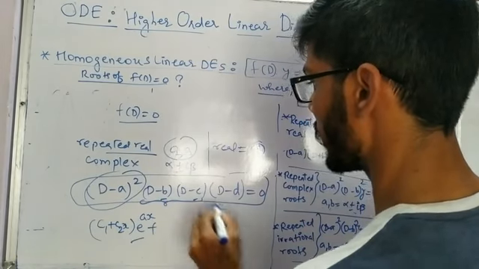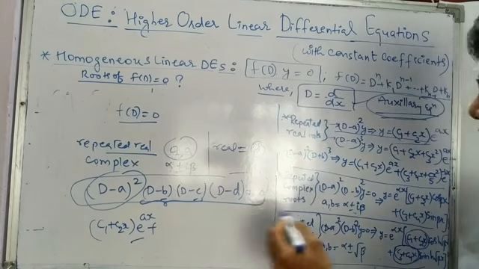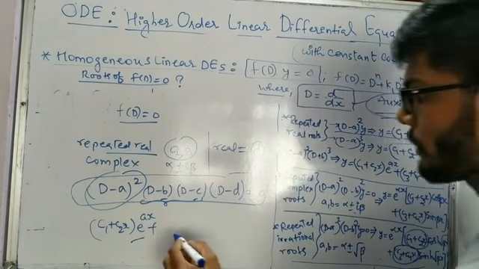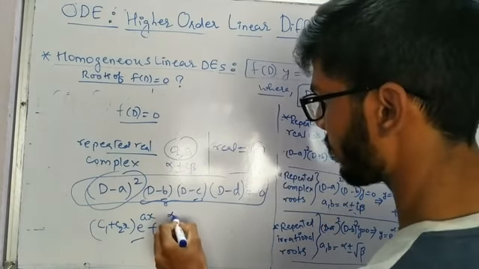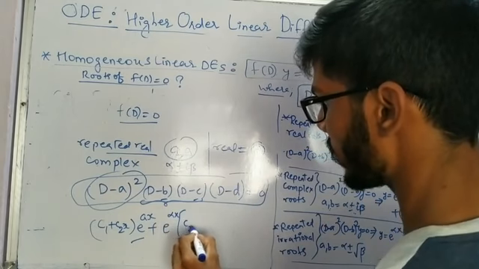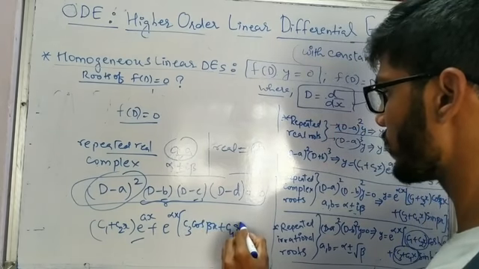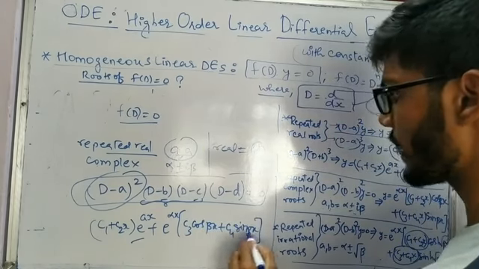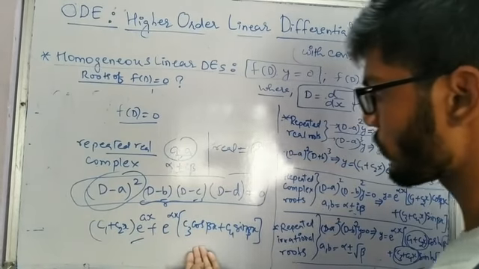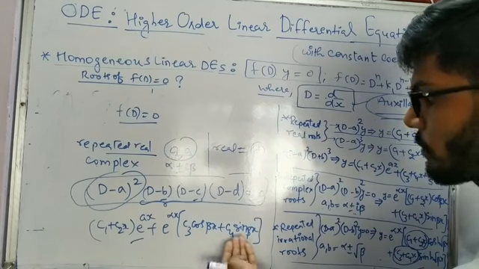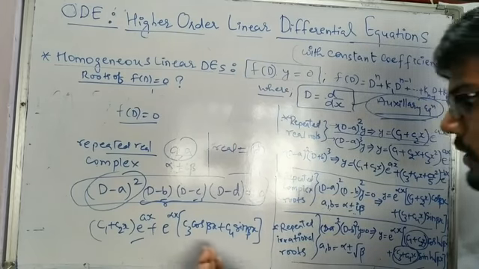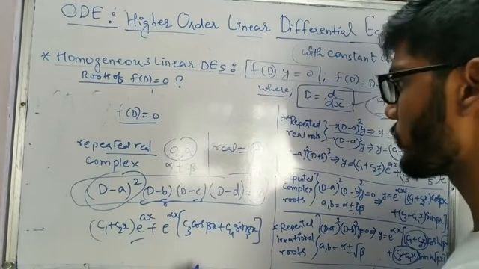And now b and c are complex roots, but they are not repeated. So we'll have to write only e power alpha x, c3 cos beta x plus c4 sin beta x. And if they are repeated, we'll write c3 plus c4x cos beta x plus c5 plus c6x sin beta x, but they are not repeated. So we'll have to write the solution for complex roots.